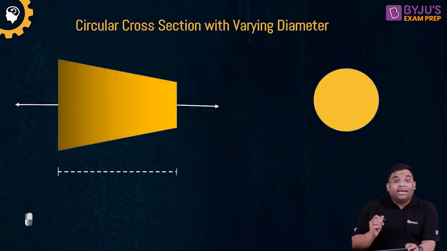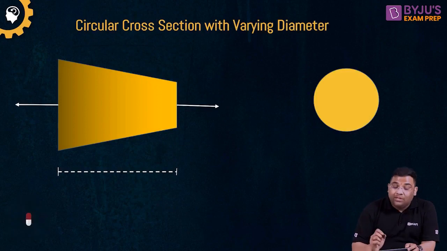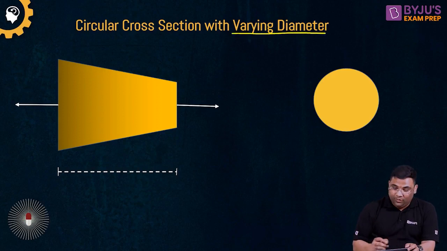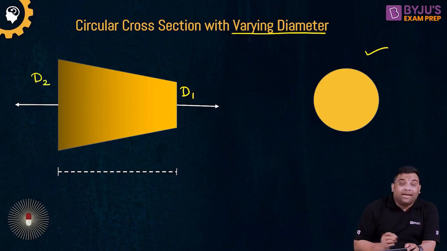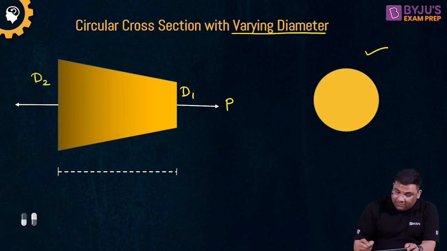A tapered bar, or a circular cross section with varying diameter. If you cut a cross section here, it will look circular only, but you can clearly see that the diameter is changing from D1 at one end to D2 at the other end. And the force is P and the length is L.